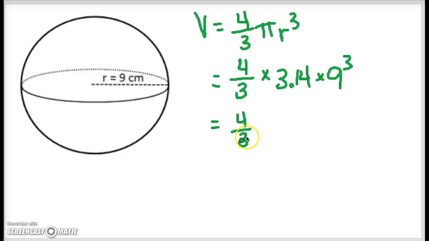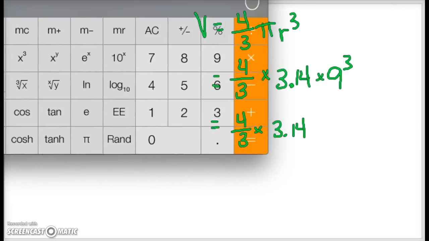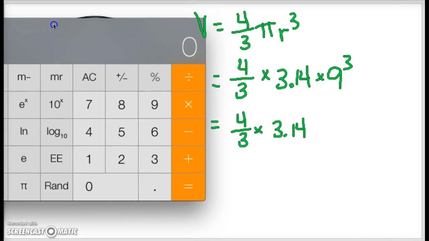And remember, you just take this one little piece at a time. So the first thing I'm going to solve is 9 cubed. And you can pull up your calculator. We have 9 times 9 times 9. And you get 729. And then we just multiply all of this together. Okay, so I'm going to do that second way that we wrote down.